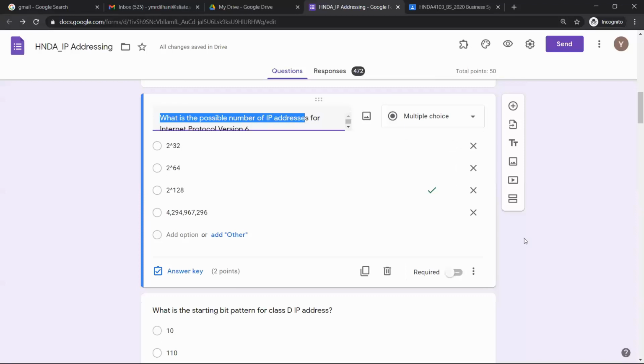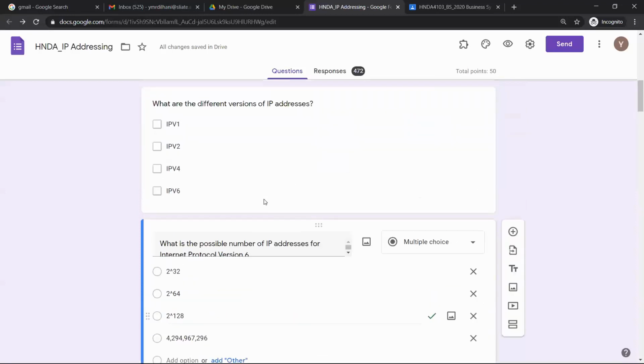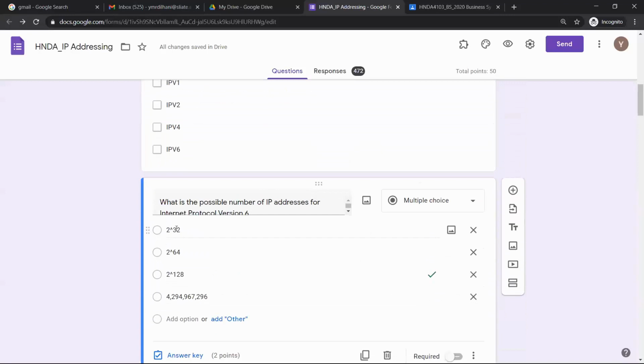When it comes to IPv4, you have 32 bits, so the number of addresses you can have using IPv4 is 2 to the power 32.